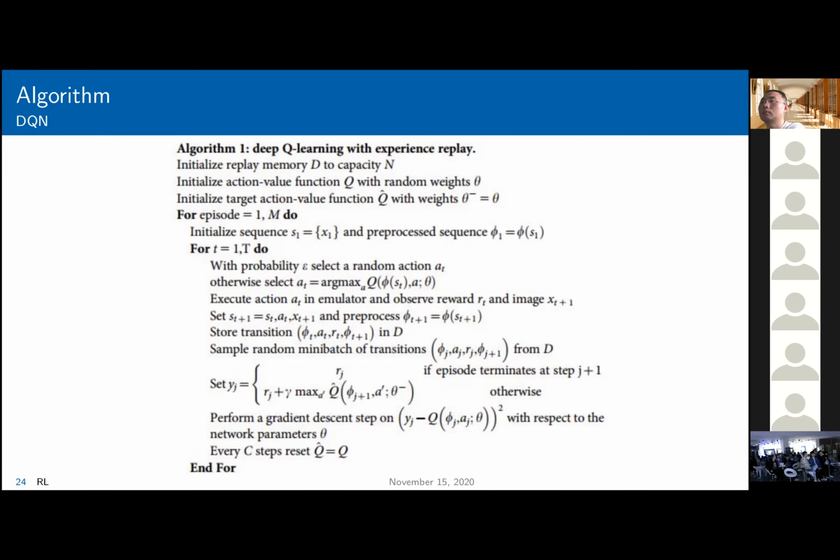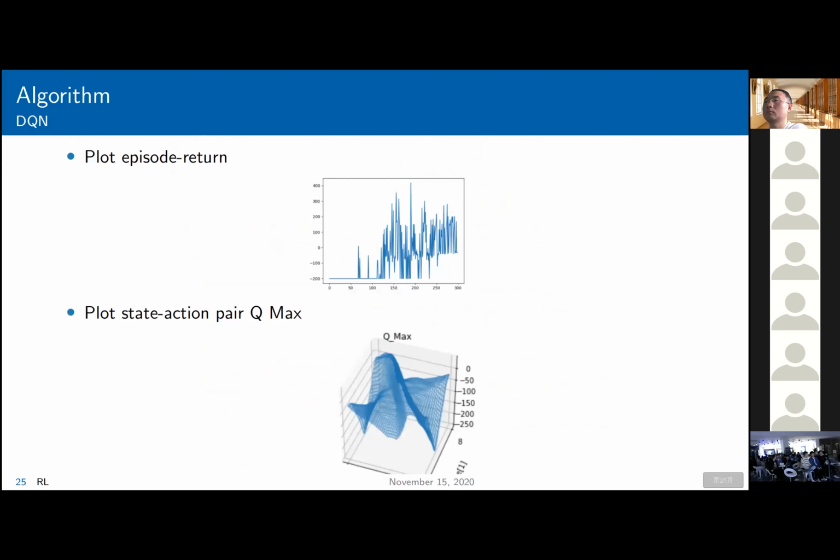This completes the learning process. This chart is the change of the reward as the number of episodes increases, and this one is the maximum value of the Q corresponding to each state and action.